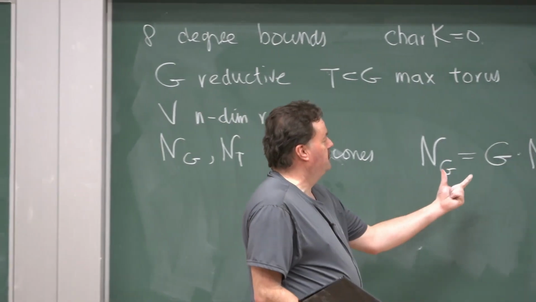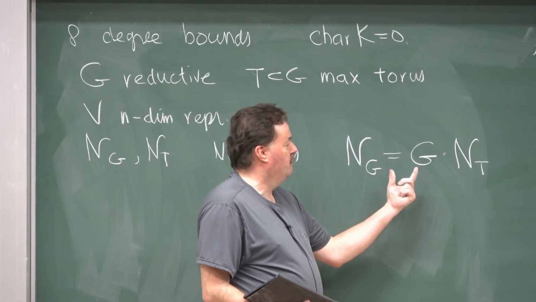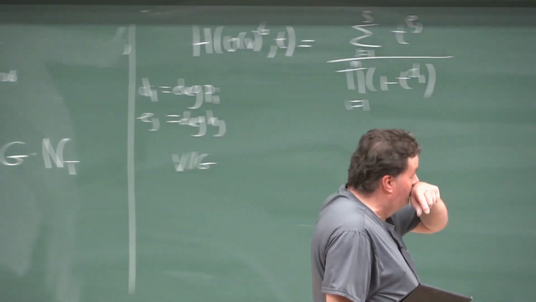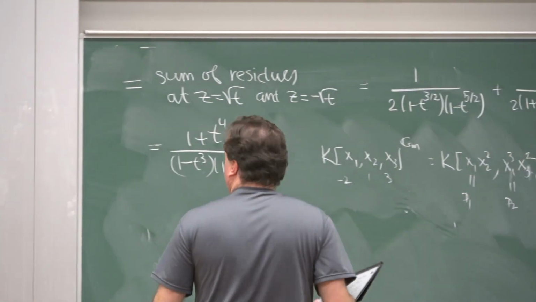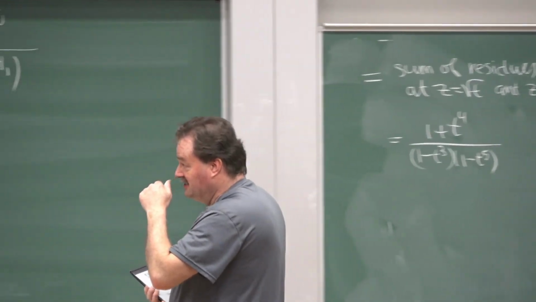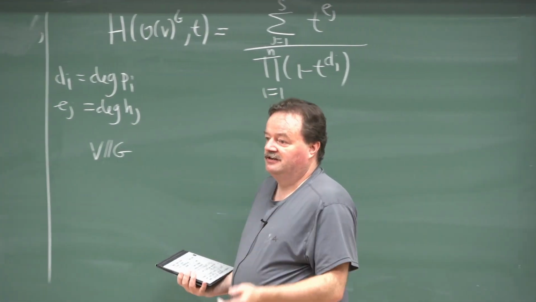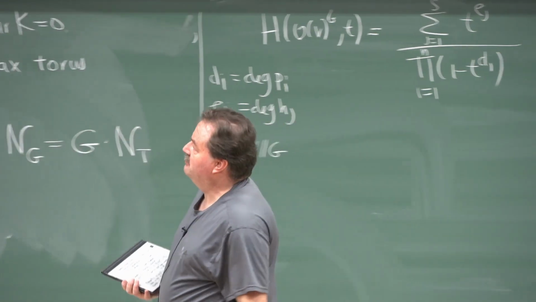So in some sense, this often gives us a way of geometrically describing the null cone. For example, for the SL2 case, you can just look at the action of C star and the null cone for that, and that's how you get this result about the null cone for SL2.